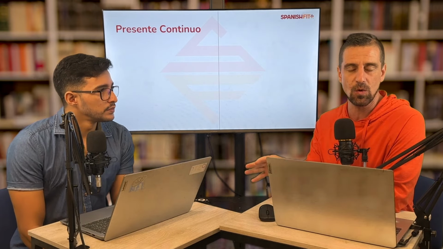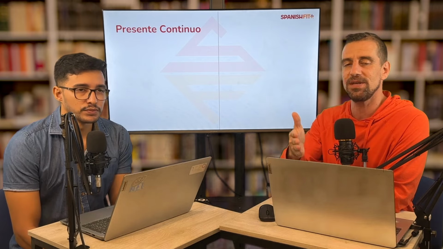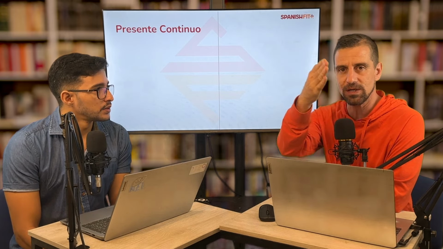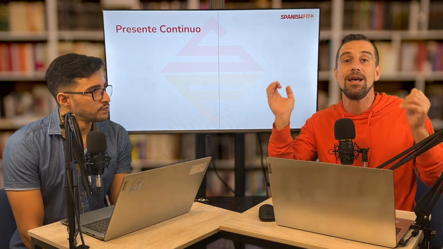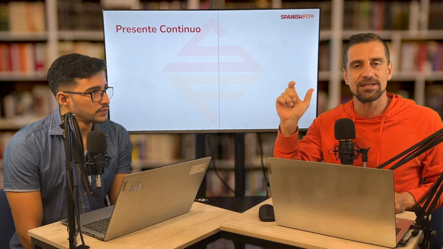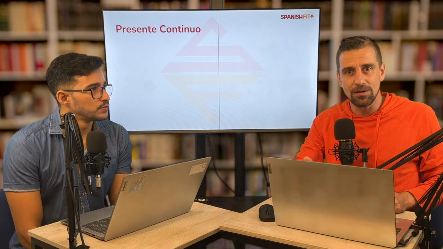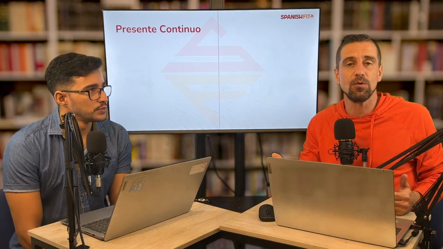Estoy, estoy, estoy. So if I am doing something right now, we are going to form this with the verb estar. Yo estoy, tú estás, él está, nosotros estamos, ustedes están, and then we're going to add that ing. And again, that ing doesn't have a pronoun, so it's always going to be dictated by the change in that first verb, which is estar.